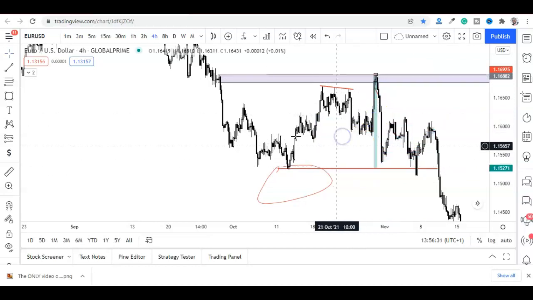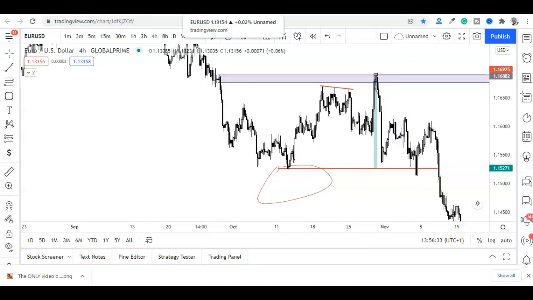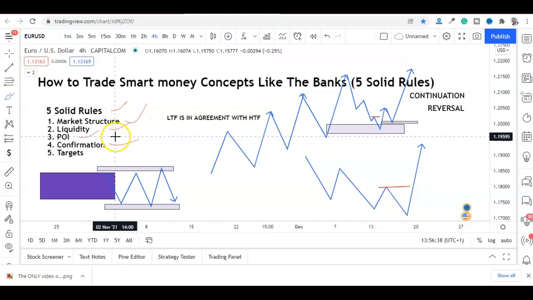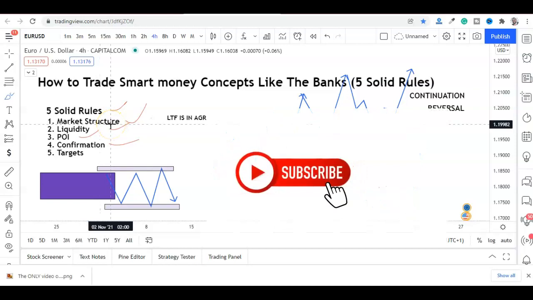I don't think anybody can hold this position for 100% till it gets here. You take profit along the way. So this is a simple trading plan that you can have, a rule-based system. You first of all wait, is there any market structure break? In what direction? If it's bullish, you take note of that. You look at your lower time frame, is there any liquidity that will make my point of interest valid?